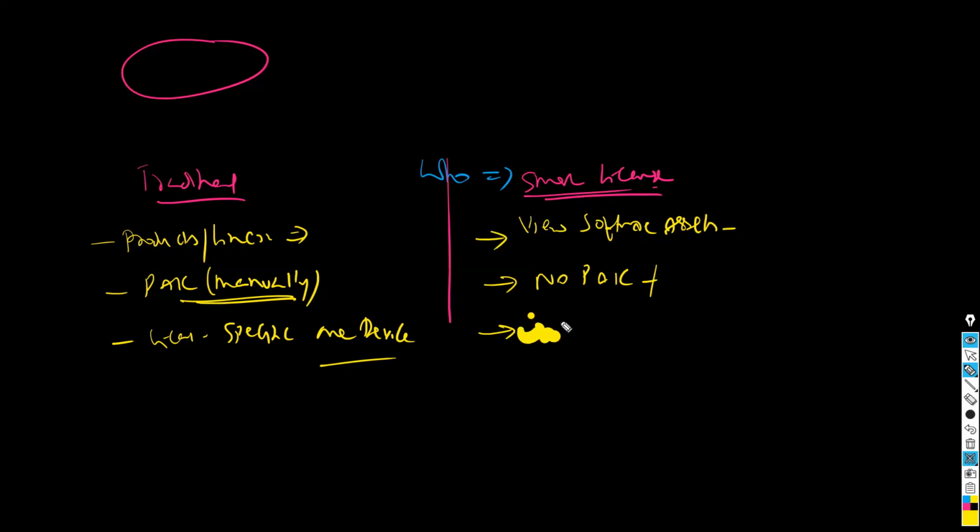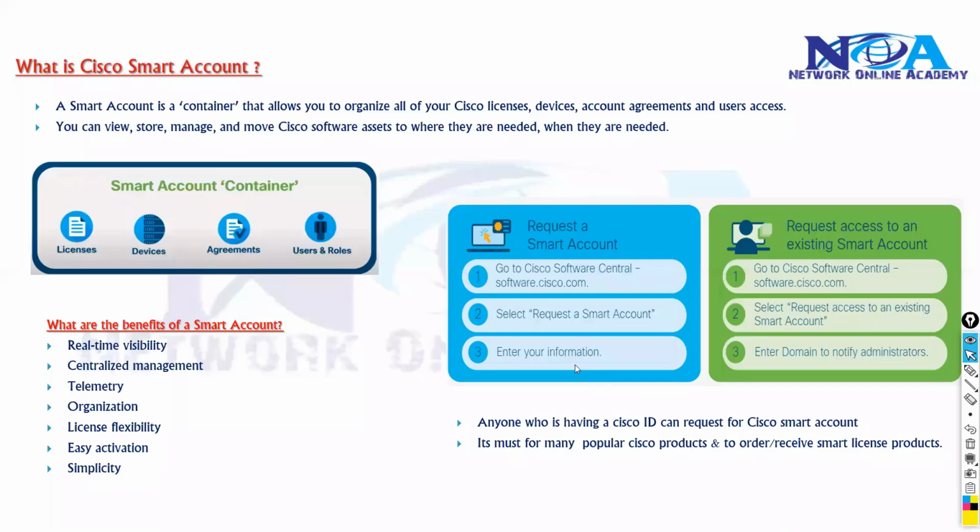So which means you get a flexible licensing feature where you can have a pool of devices, and the licenses you can apply to that particular group. So you can use licenses beyond your original purchase, and overall usage means you can actually activate the licenses according to the devices. So where you have a pool of devices, and the pool of licenses can be activated with a smart account.